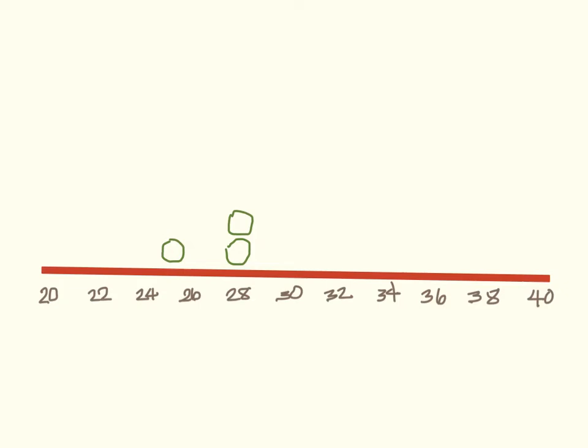Not beautiful circles, but they'll do. 35, and a 20, and a 34, and a 22. Isn't this exciting? And a 30, and a 32, and a 36. Let's make sure we have 10 pieces of data. 1, 2, 3, 4, 5, 6, 7, 8, 9, 10. I do.